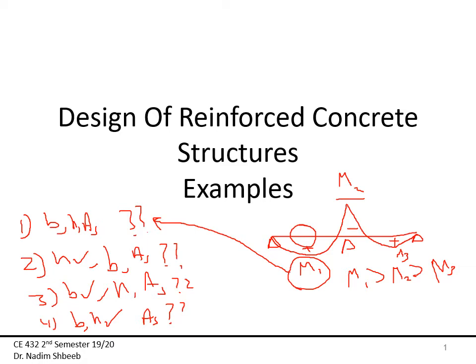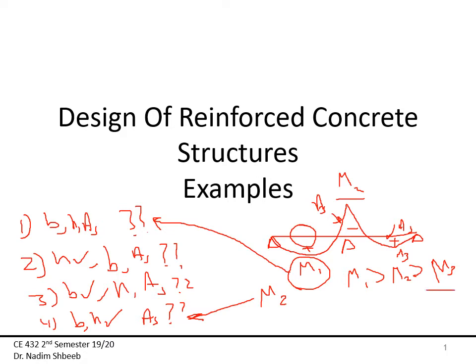So when I go and try to design for M2, that case would be this right there, because I already found my B and H from the maximum moment of the entire beam, and all I have to do is just find the area of steel here, and then the area of steel in this region right here.